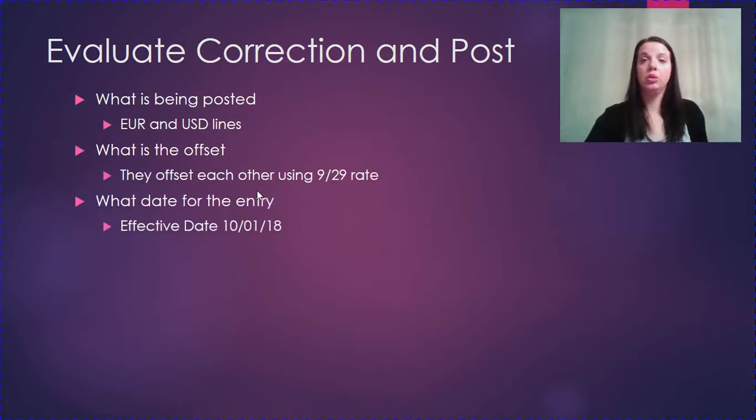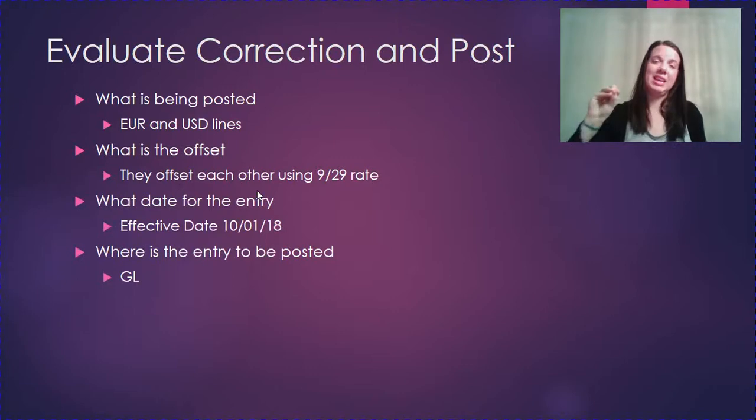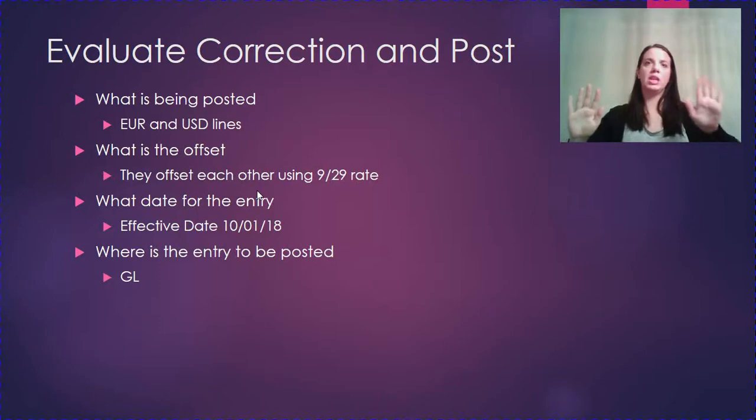We're going to use a 10/1 posting date, and we're going to post it directly into the GL. That's why we can use the 9/29 hard-coded rate, because we're not using our product processor. We're going directly into the GL, posting a euro line and a USD line using the 9/29 rate.